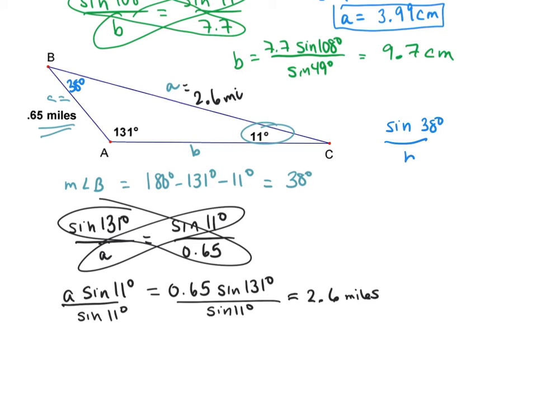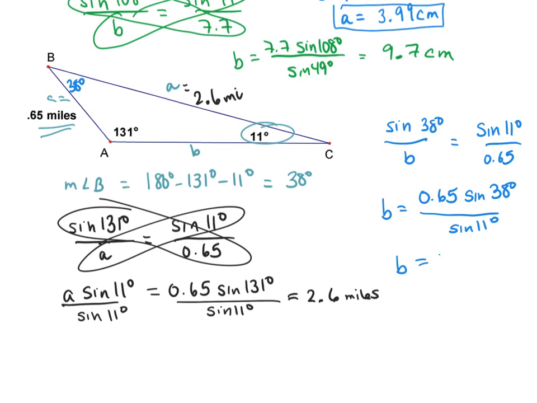Sine of 38 over little b equals sine of angle C over little c. I'll cross multiply again. So I'm going to end up with b equals 0.65 sine 38 divided by sine 11. So if I work that out, b is going to be 2.1, and again, this would be miles.